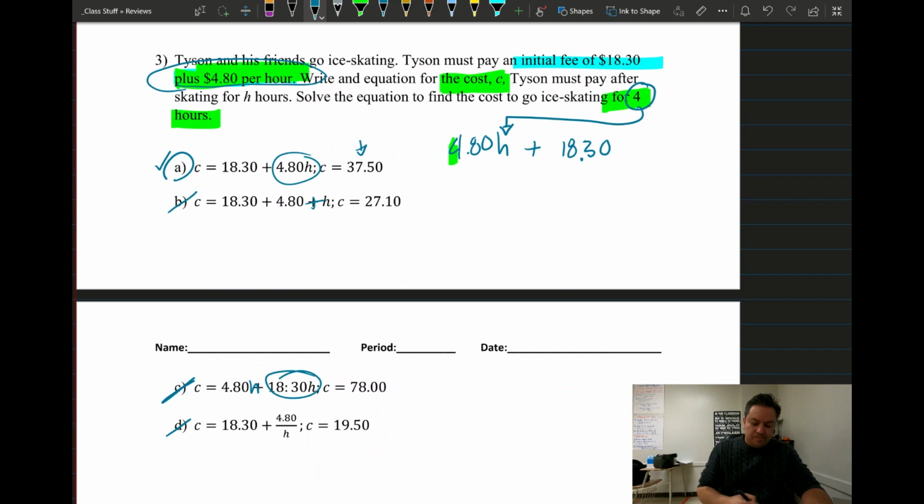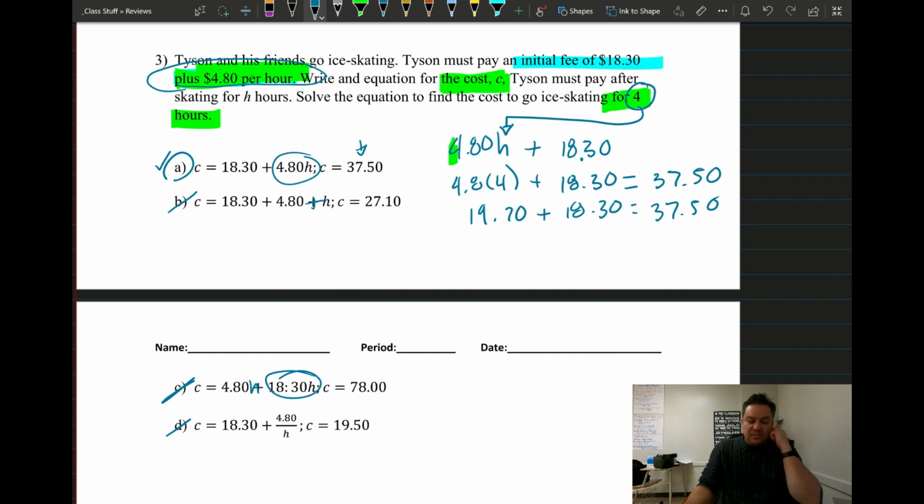If you multiply $4.80 times 4 hours, you get $19.20 plus $18.30 for the fee. It is $37.50. So yes, in fact, the answer was A. We did not need to do this step, but I showed you that you can double check your answer. As long as you follow the keywords, you should be fine.